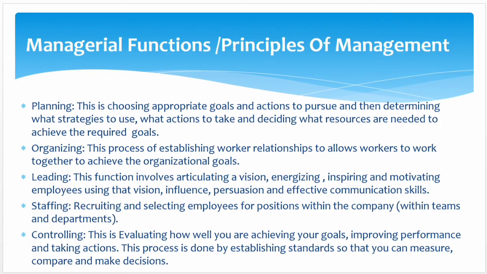Number 2 is organizing. Organizing is a way of looking for a way of how you will work on the relationships amongst your workers, to organize them in a way that they're able to meet the objectives or the goals of the company.